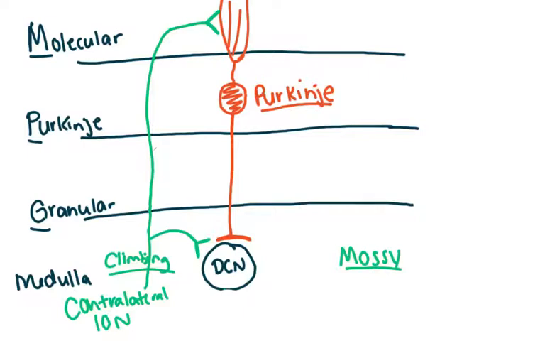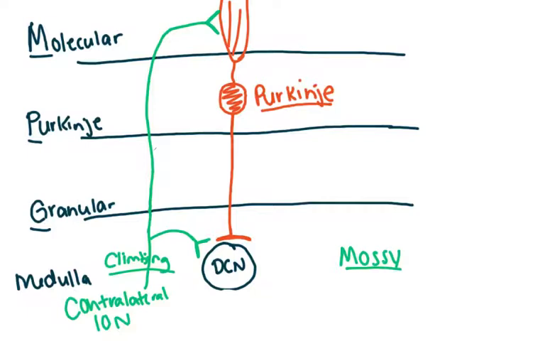So the mossy fibers are going to be made up of input from all other places that give input to the cerebellum. So those could include pontocerebellar fibers, the spinocerebellar tracts, vestibulocerebellar fibers, reticulocerebellar fibers, and trigeminocerebellar fibers. And these are a little bit more complicated.